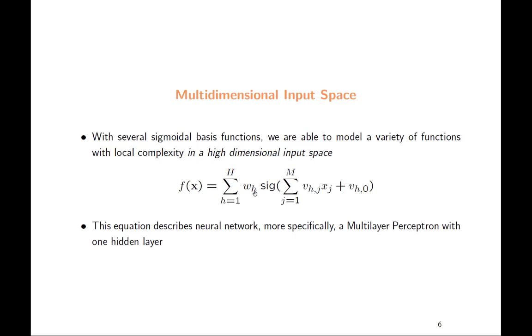The weights are w_h, h is the index, and this is the basis function. So it's a sigmoid applied to a linear weighted input. So you have these synaptic weights. Here you have the offset, and then here you have another synaptic weight at the output. And this is already quite powerful.